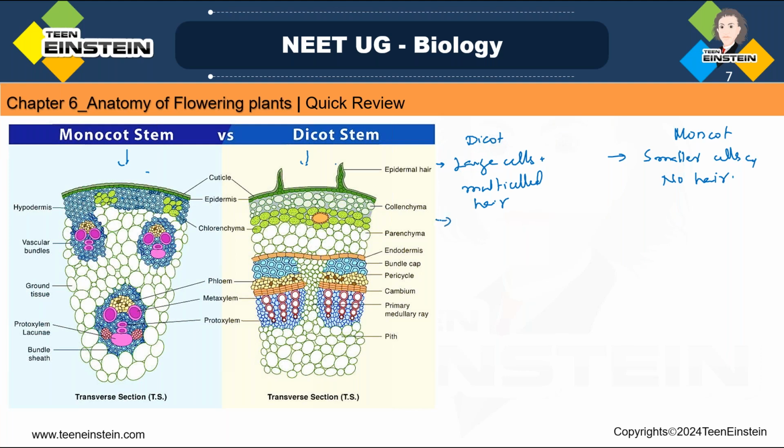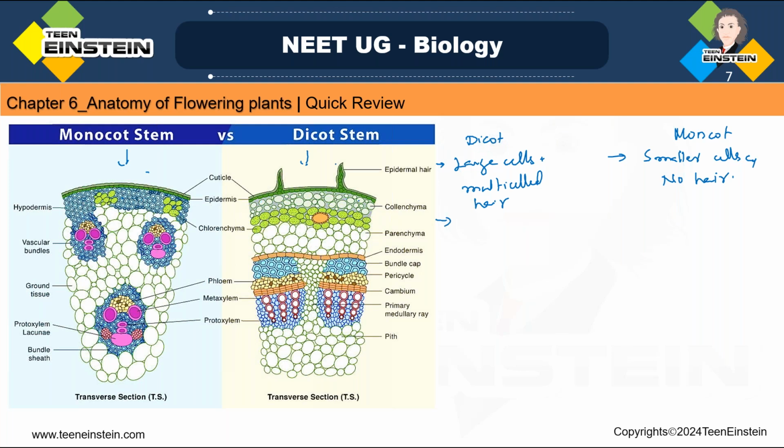Now the second point goes to the hypodermal region, or hypodermis. In dicot stem, the hypodermis is collenchymatous. Here you can see the collenchyma.